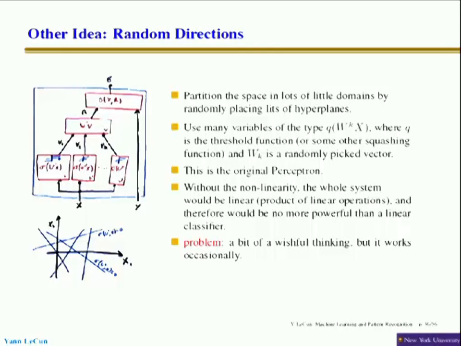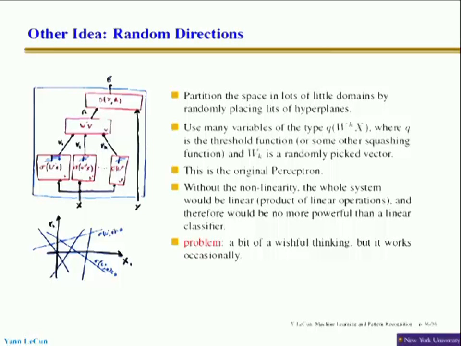Okay, let me go back to the reason why you need this transformation to be nonlinear. Imagine the feature extraction here were linear. Now, when we plug our linear classifier on top, basically if the first layer is linear, you can think of it as a matrix. Multiply the input vector by a matrix, you get another vector.